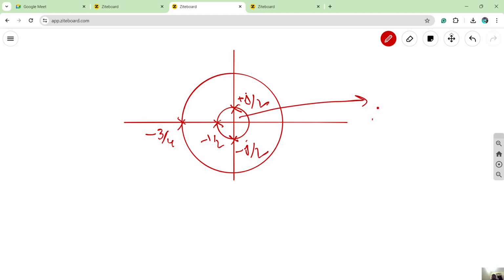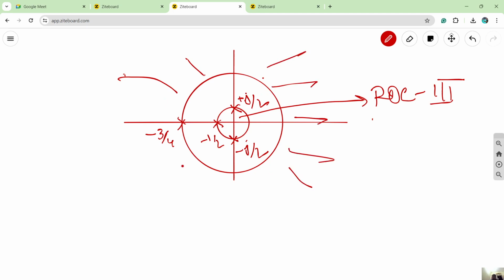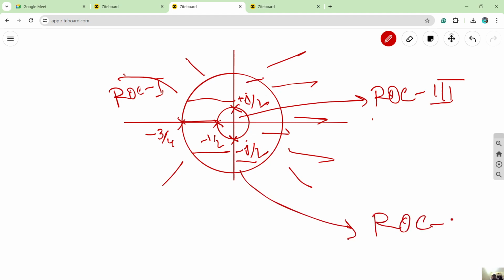So the inside is ROC 3. The outside is ROC 1 and the middle one is ROC 2.